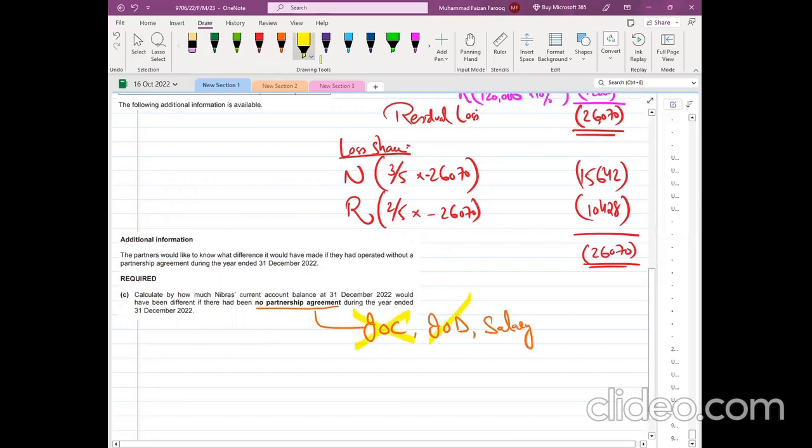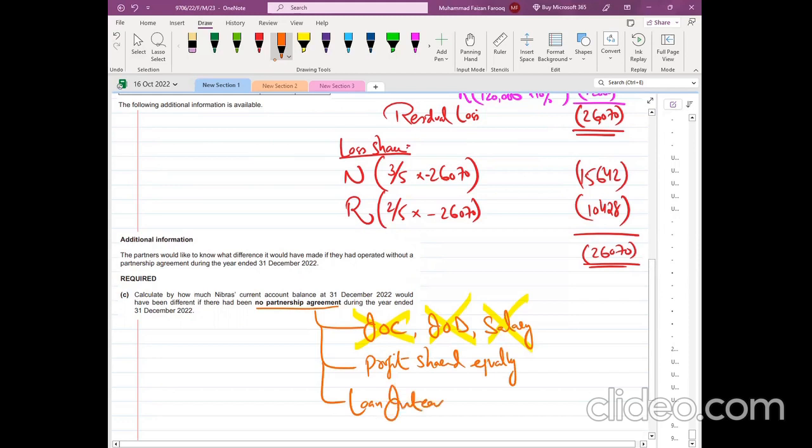These items cannot be given if there is no agreement. Second, profit is shared equally. And loan interest will be 5% fixed. These are the 3 differences if there is no agreement, right or wrong?